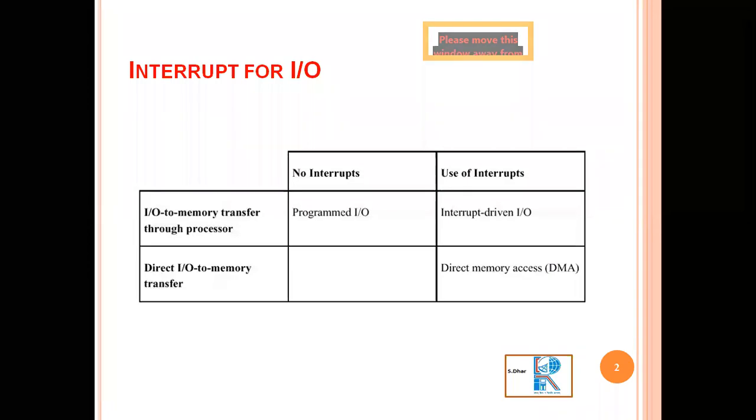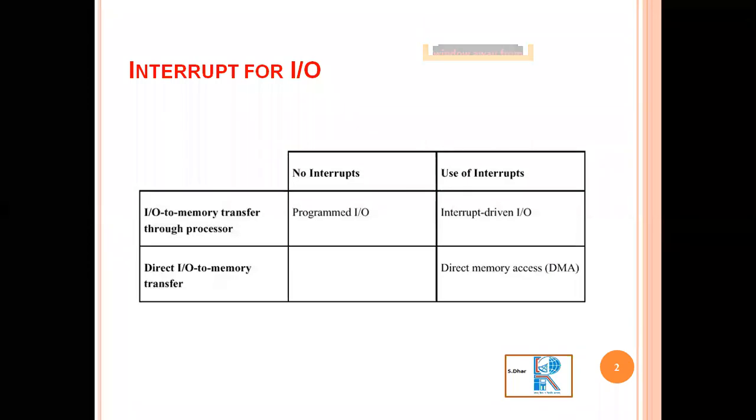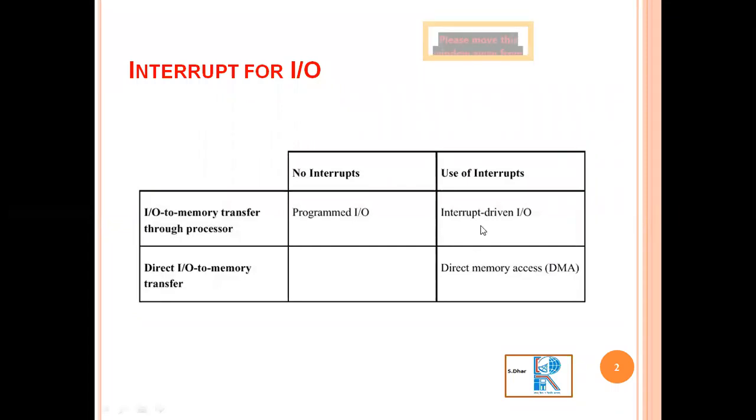Then the CPU will stop its current work and go to the interrupt service routine, or interrupt handler. Then it will service the particular I/O device. In the interrupt service routine, the software for that particular I/O device is written. So this is interrupt-driven I/O, where an interrupt signal is used to transfer data from I/O device to memory or from memory to I/O device.